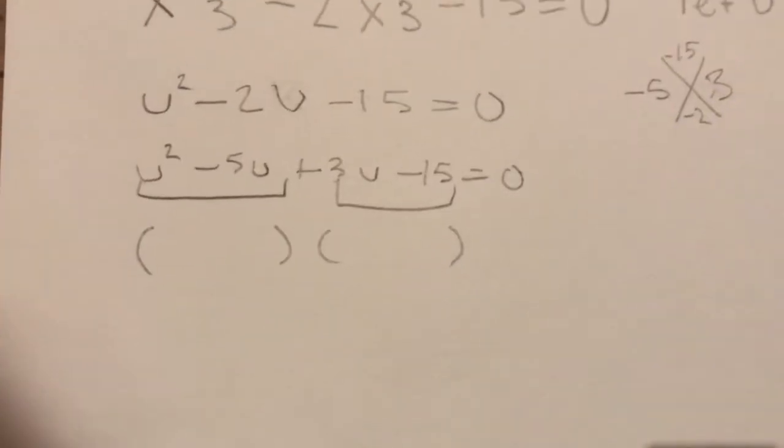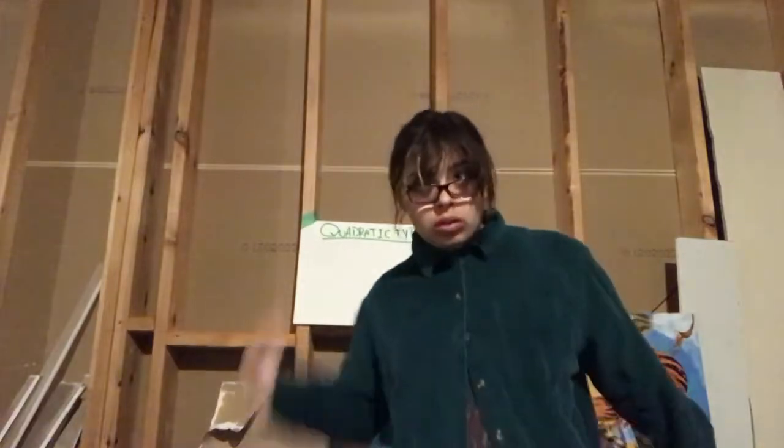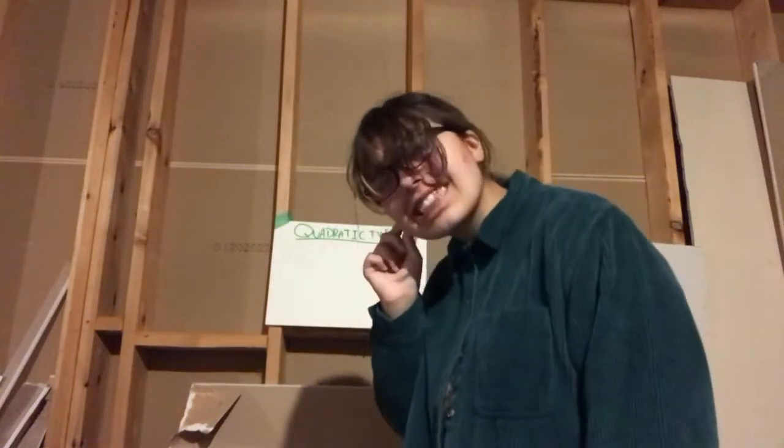Now we can factor. Alright people, how do we factor? What are the answers? I think you can factor a u out of u squared minus 5u, and then you can factor out a 3 from 3u minus 15.